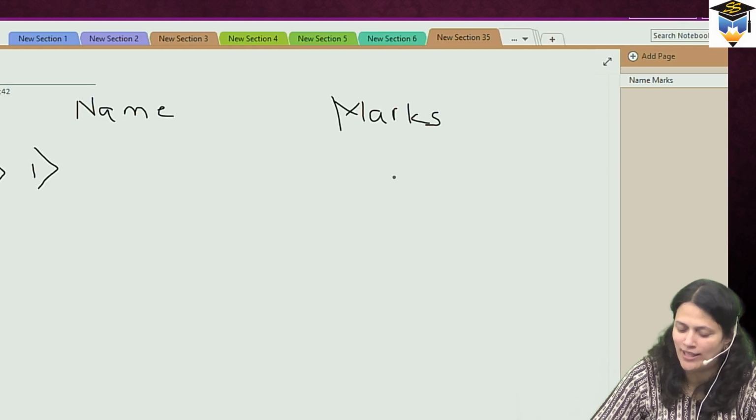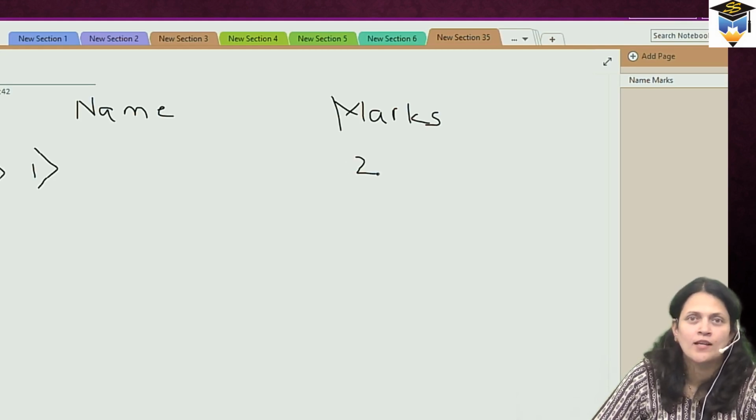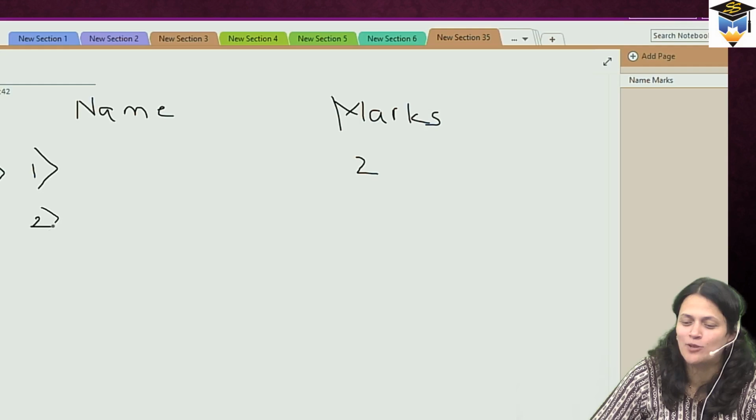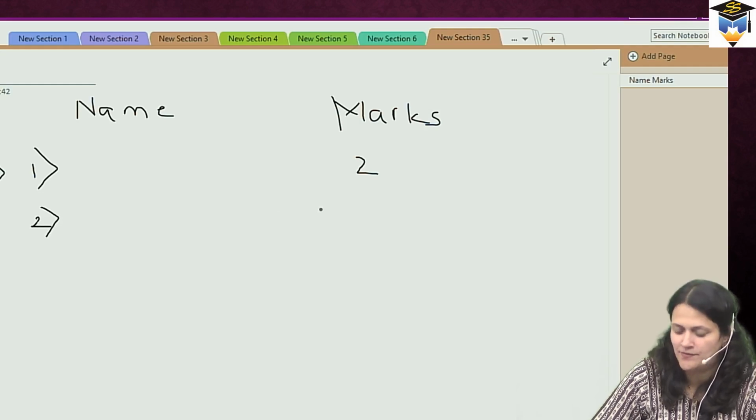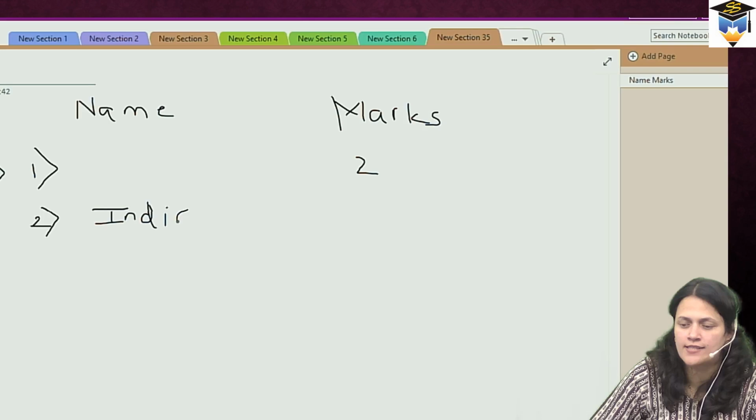Number of marks allocated is 2 marks. First chapter, ratio and proportion, 2 marks. Next is indices, which is asked for 1 mark.